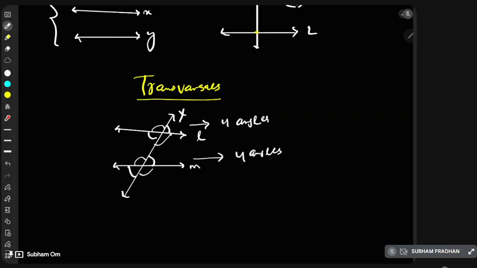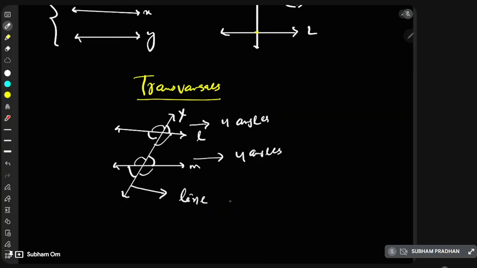But what do we mean by transversal? Whenever a line intersects two lines, that line is called a transversal.